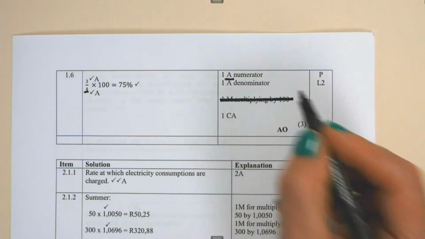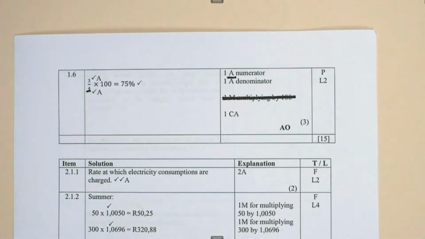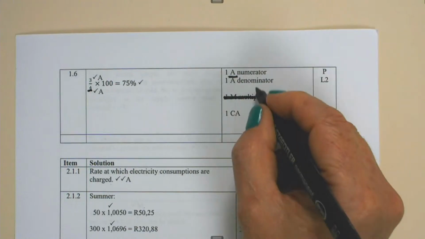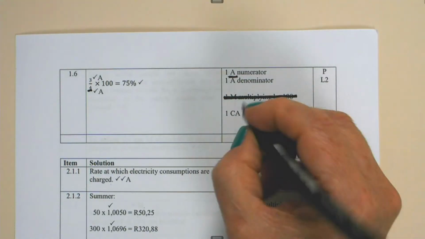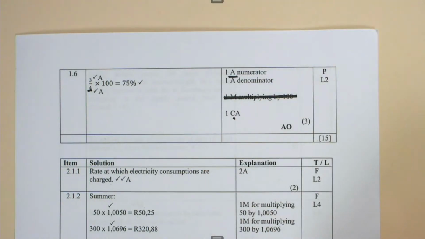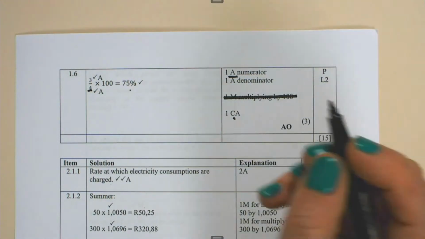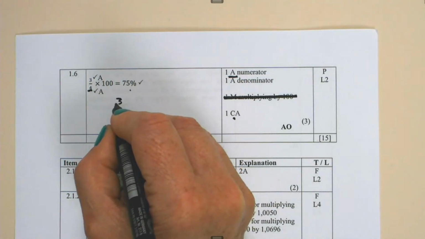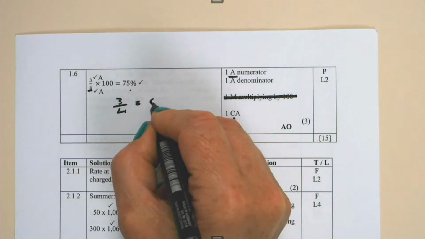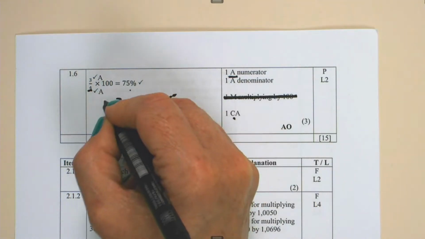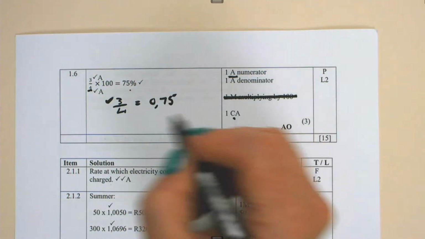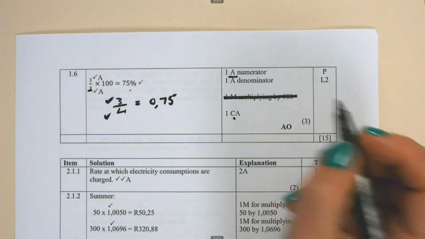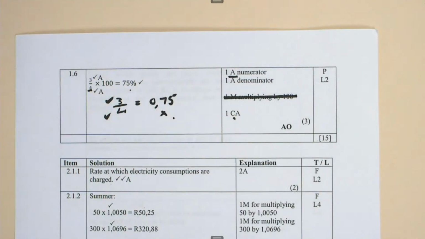It was on the original memo like so, but learners are getting this mark for multiplying by 100 by saying then it is 75%. If they just write 3/4 and 0,75, they will get the mark for 3, they will get it for 4, but they will lose it for the final answer.